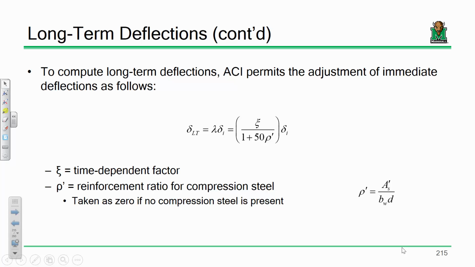This quantity right here tells you if you've got an immediate deflection, how much do you bump it up to get a long-term deflection. So the more compression steel you put into the beam, you actually get a benefit on long-term deflections. The long-term deflections go down. And that just comes from tests that show that putting steel up top, you actually get a benefit out of long-term deflection performance. So you calculate your rho prime, and then you need a time-dependent factor.